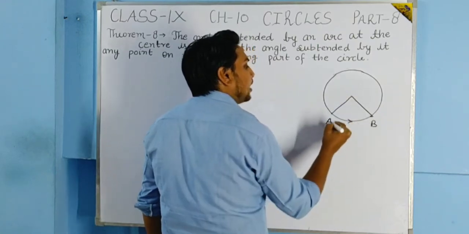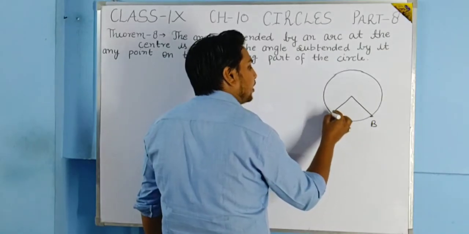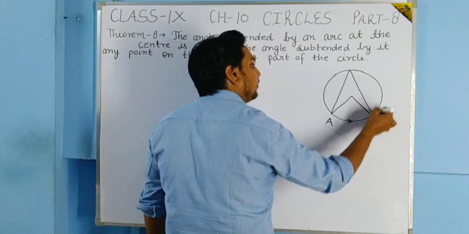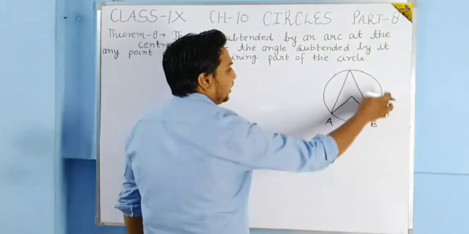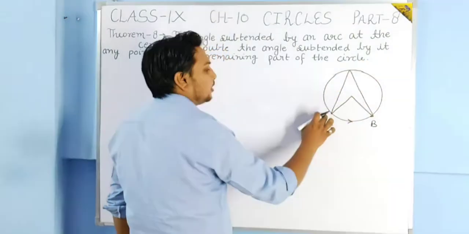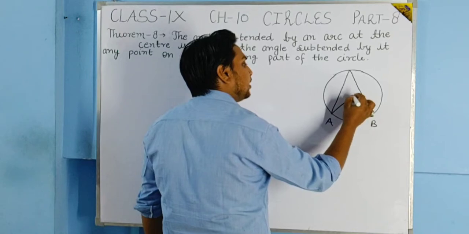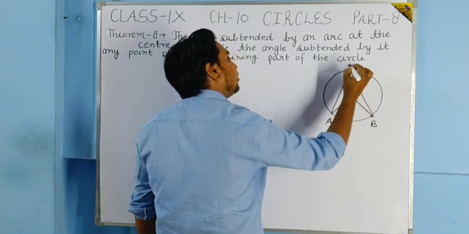Okay, and this arc forms an angle at the center, and by the same arc one angle is formed at any point on the remaining part of the circle. So the remaining part of the circle is this. One angle is formed at the center of the circle and one angle is formed at any point of the circle.